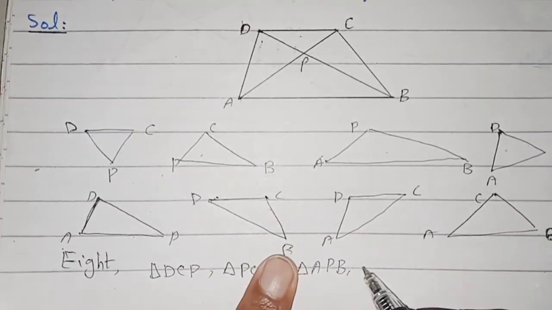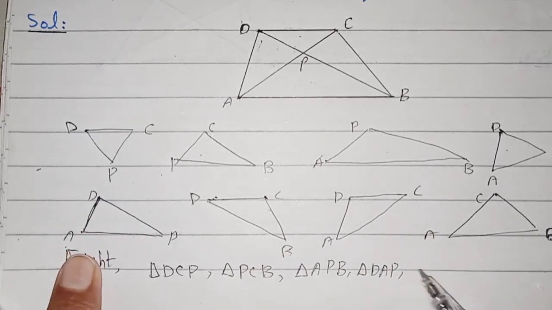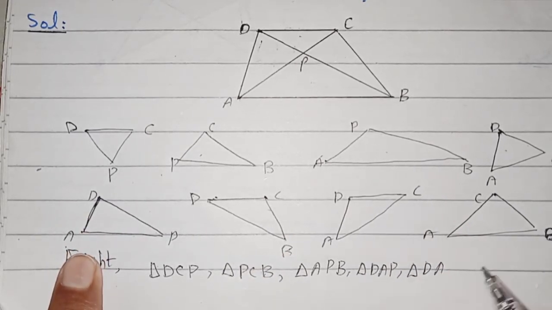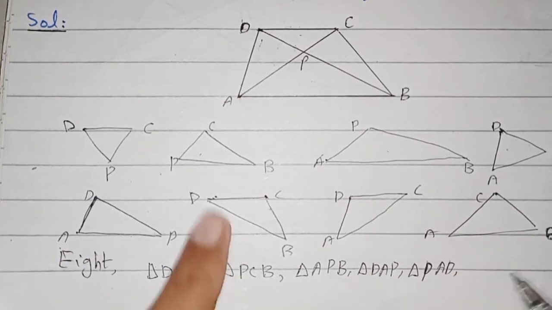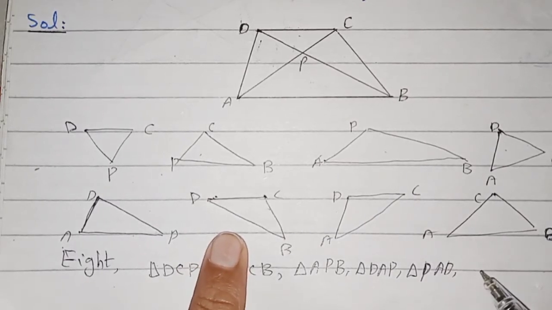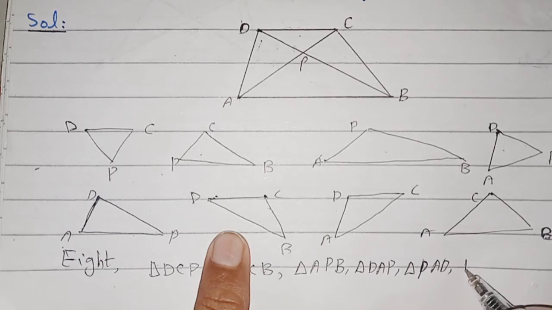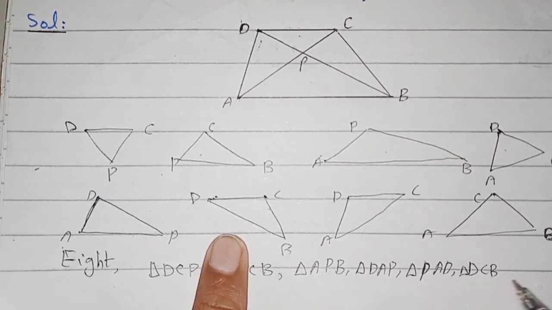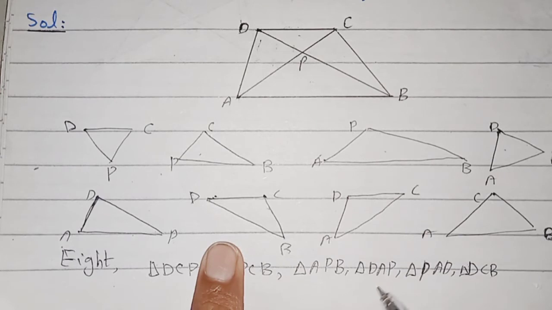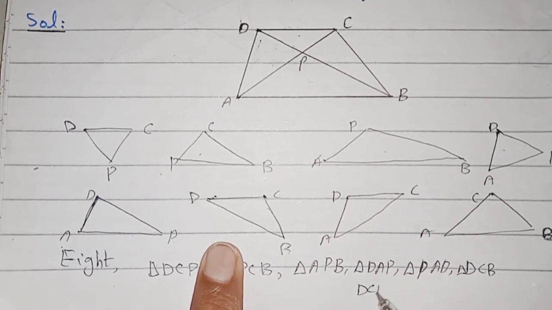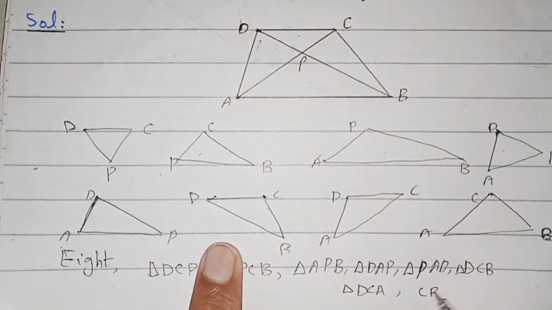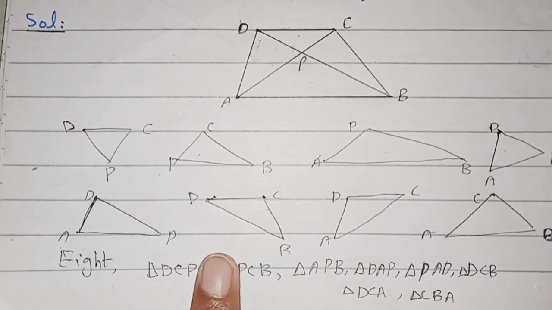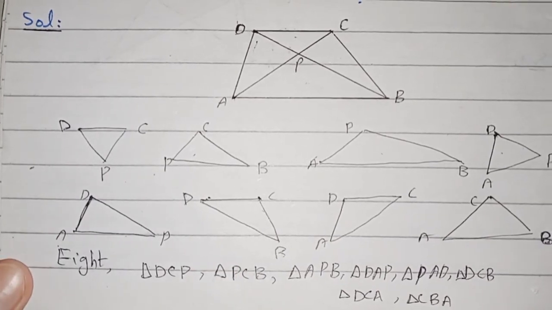And fourth triangle is DAP. Fifth triangle is PAD. And sixth is DCB. 7 is DCA. And last one is CBA. So totally 8 triangles.